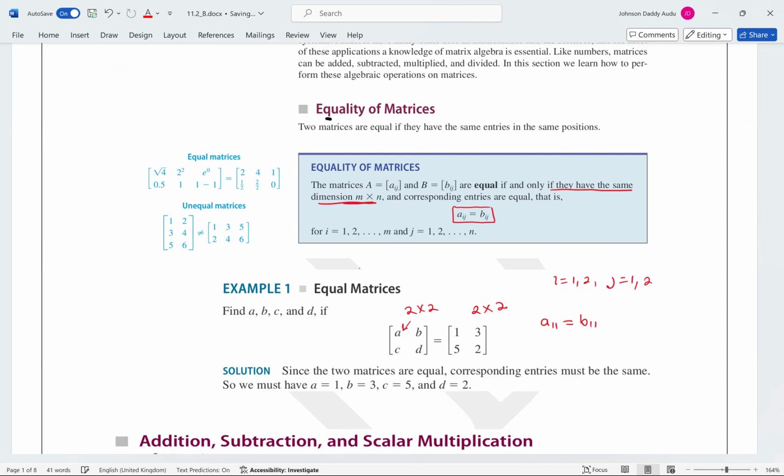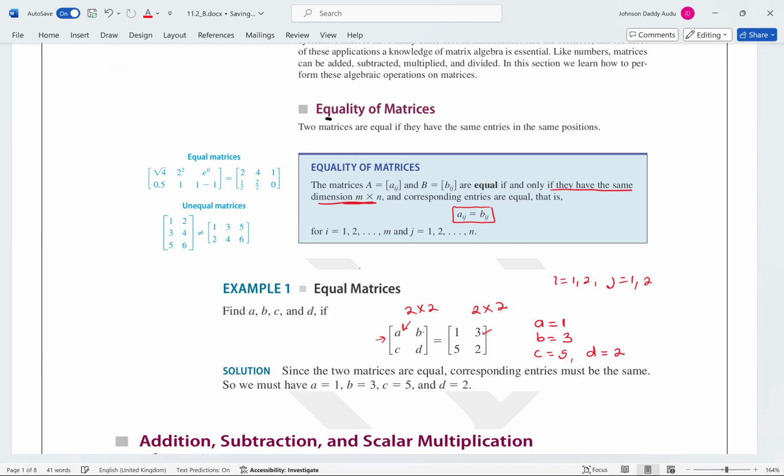What I mean by A11 is the first element in this matrix, which is just a. So a has to be equal to 1. Also b, which is occupying the first row, second column, must be equal to 3, which is also occupying first row, second column. So b must be 3. Then c has to be 5, and d has to be 2.